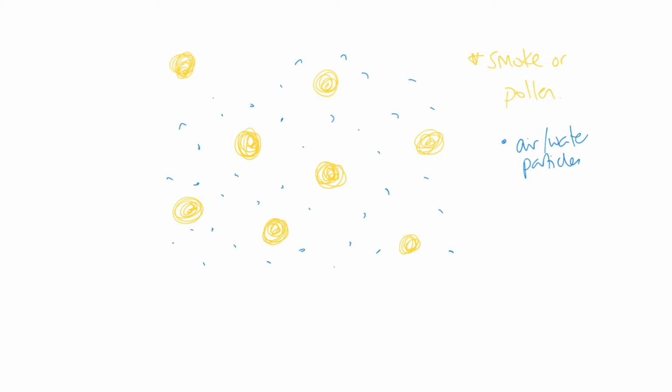So because all of the smaller ones are colliding with the big ones, we end up seeing the smoke move rather than the air or water particles that are causing the movement. And through the microscope that I showed you on the previous slide, it's the yellow ones that would flicker as it passes through the plane that you're looking at.